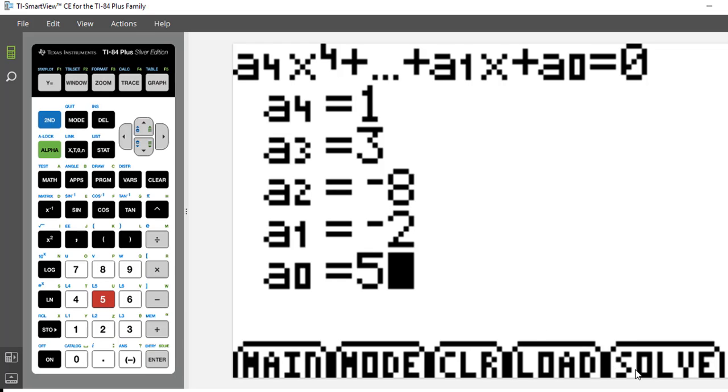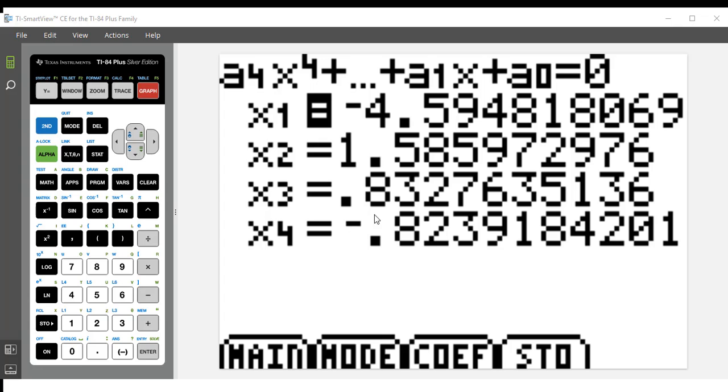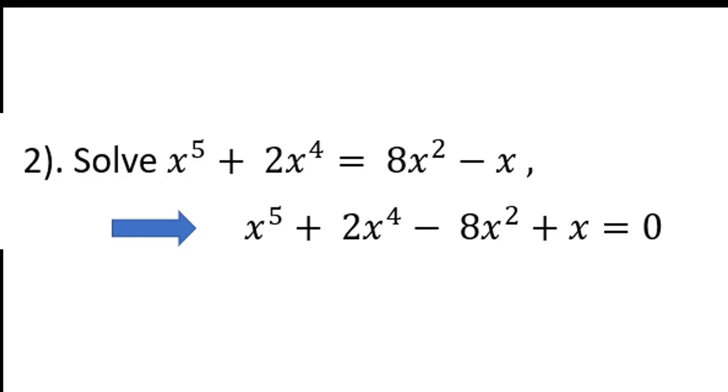Then I go to solve. So press this graph button, that is solve. Then you can see all the solutions they give to you. So it's much easier than using the graph to find all zeros.